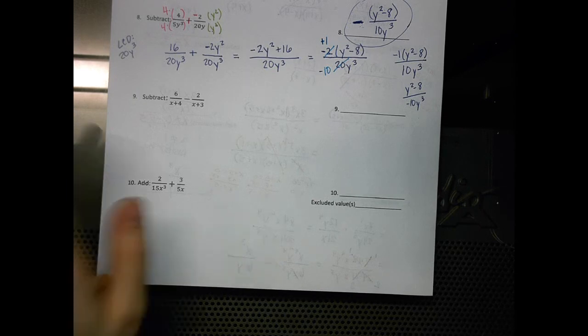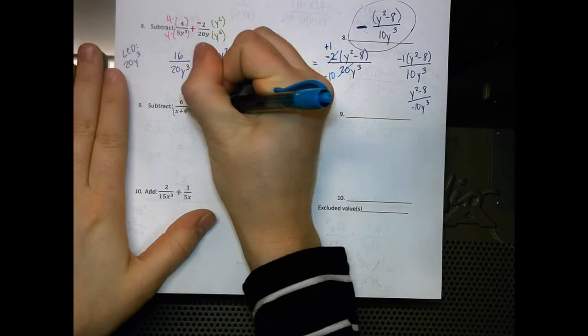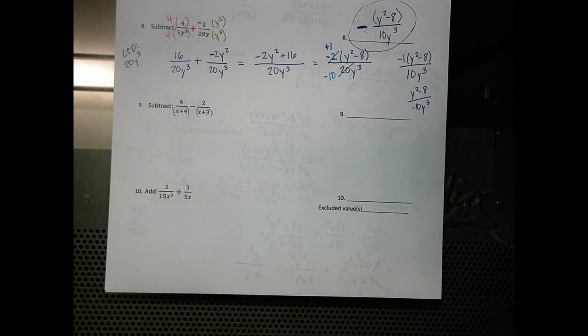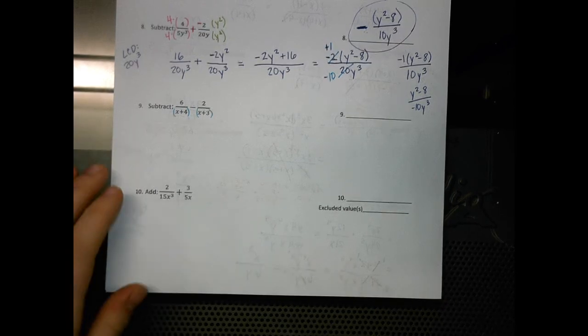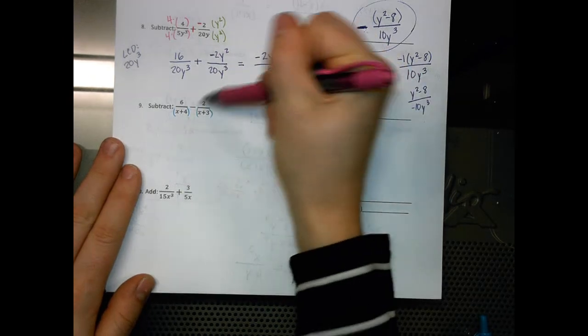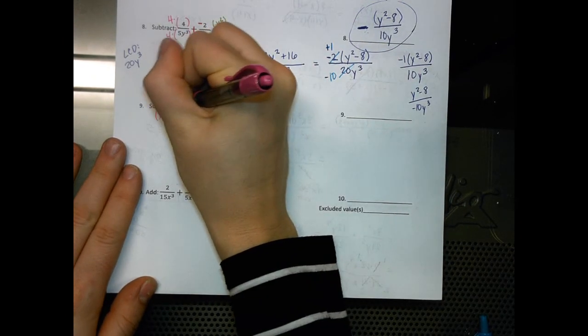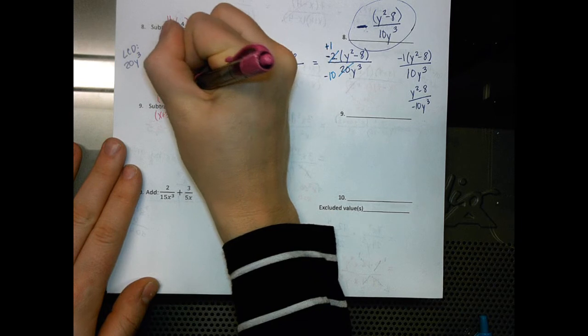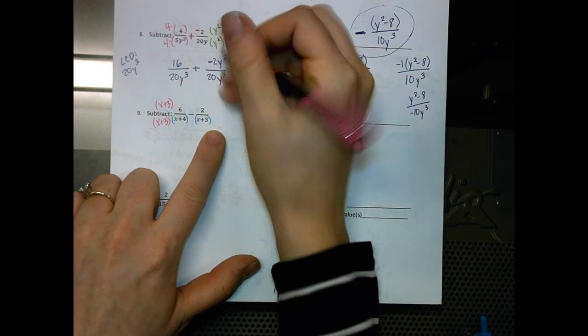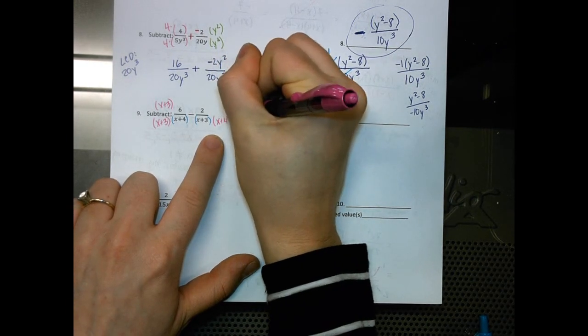Subtract. I have to have common denominators again. How do I make these denominators the same? Multiply them by each other. I can't add to get an equivalent fraction. I can only multiply to get equivalent fractions. So if I multiply my first fraction by the other denominator, then I don't have a common denominator yet until I multiply the second fraction by the first denominator.